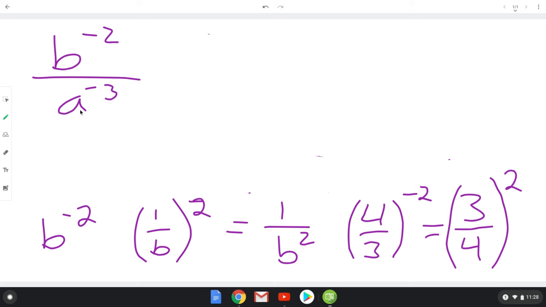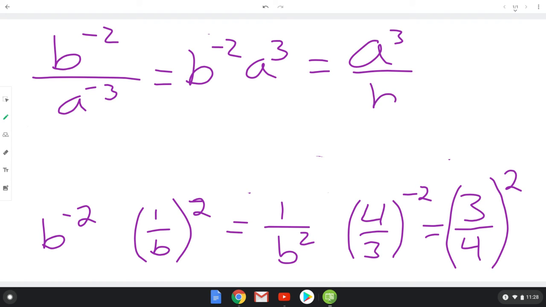If I have something that's negative in the denominator, that's going to move it to the numerator. So I could rewrite this like this, and then like this. And unless otherwise stated, or unless it's scientific notation, I always want my answer to have positive exponents. That's going to be a big deal.